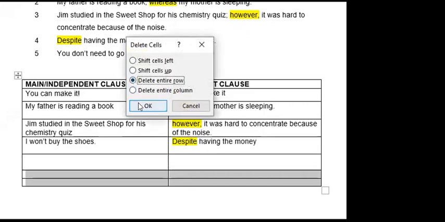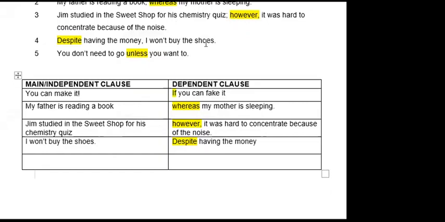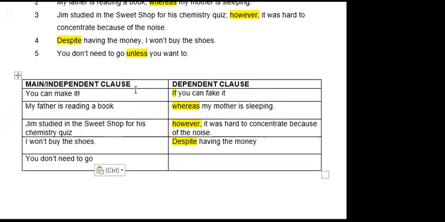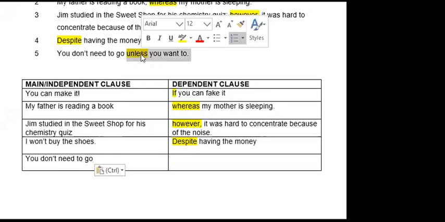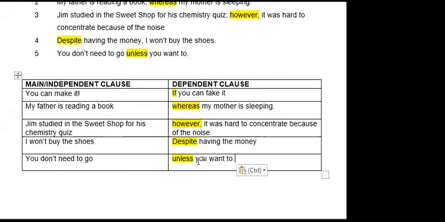Sorry guys, one second. So in number 5, you don't need to go unless you want to. What part of the sentence can stand alone? Well done, Marcus. You're on a roll today, eh? It's very nice and refreshing to see that. Okay, "unless you want to" then becomes our dependent clause.